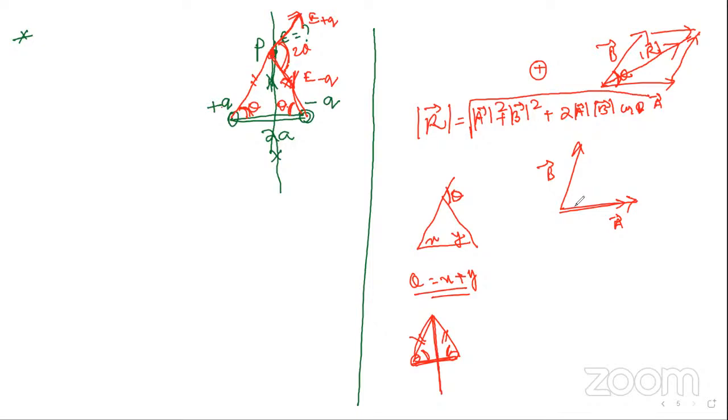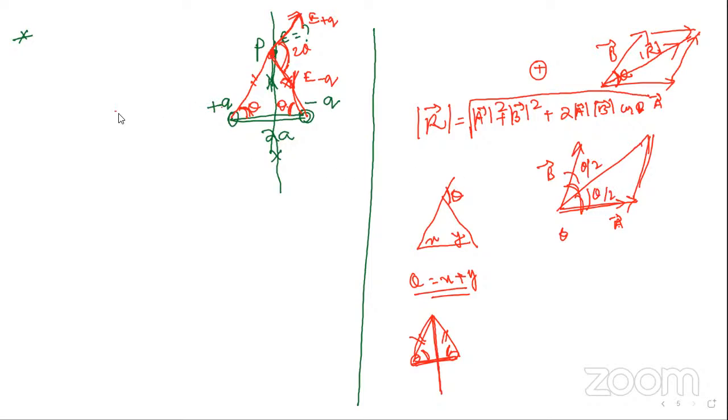Two vectors, let's say A and B, and if B magnitude and A magnitude are the same, then their resultant vector will bisect the angle between them. That means if the full angle is theta, this resultant will make theta by 2 and theta by 2.